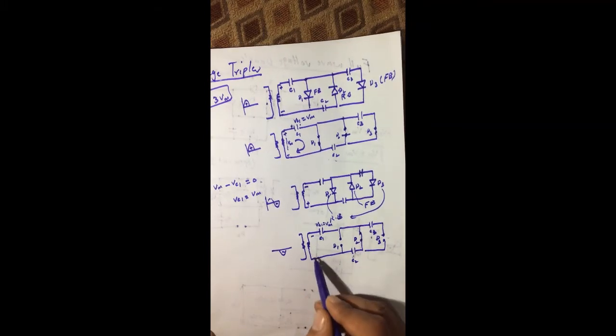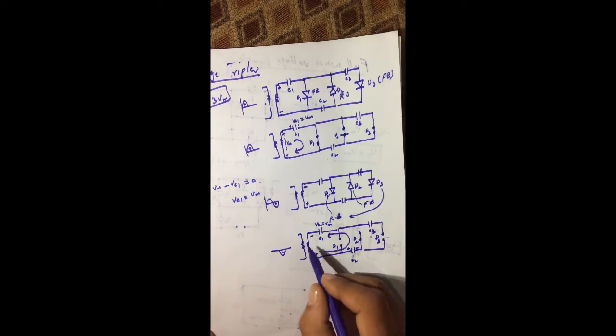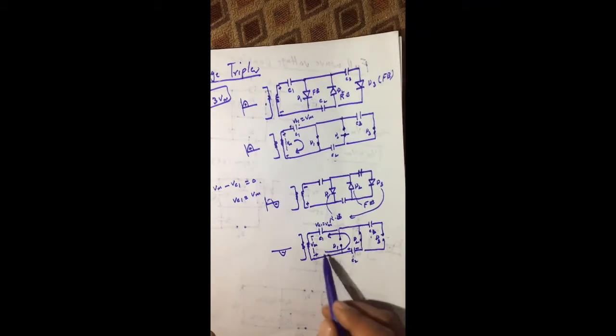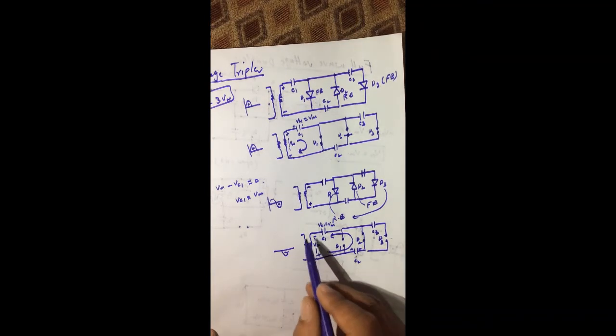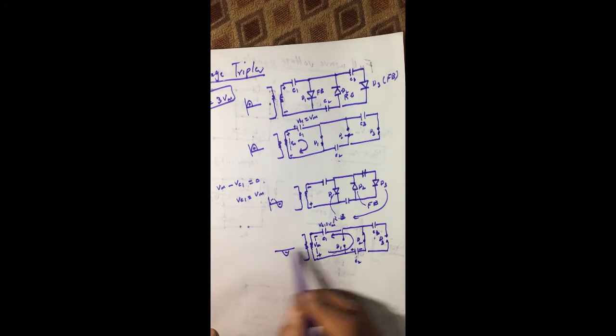Now this is negative, this is positive, so this will be positive and this will be negative, and the current will flow in this way. Here we have the voltage Vm between these two ends. Now applying Kirchhoff's law to this loop, I am starting from this point. We are moving from negative to positive, from lower to higher, so here we have plus Vm.